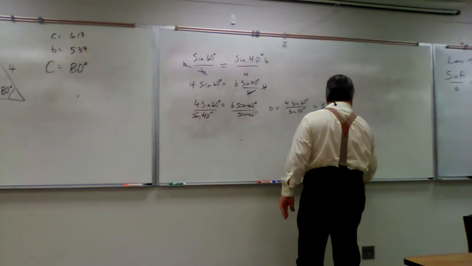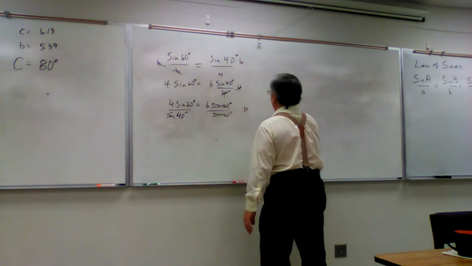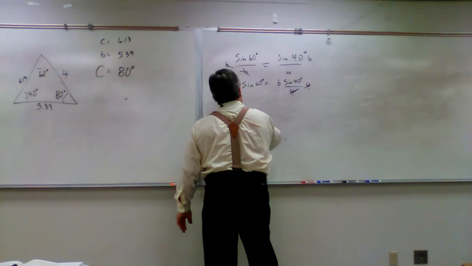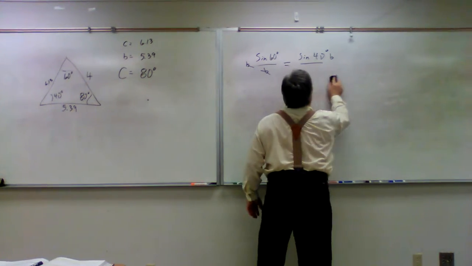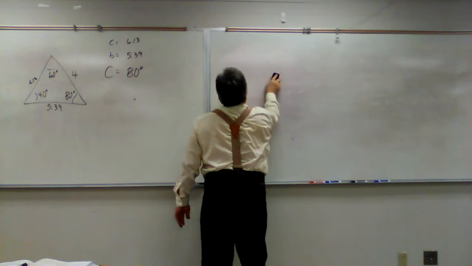This time we're going to go with a triangle where we have 2 acute angles and 1 obtuse angle.